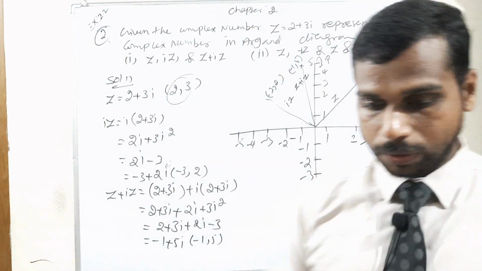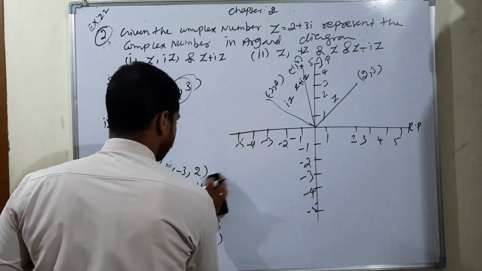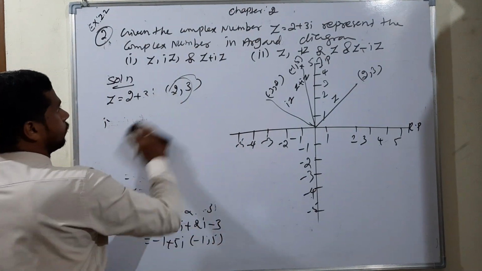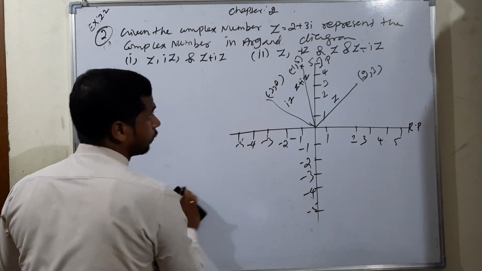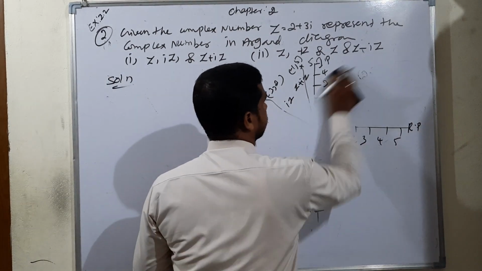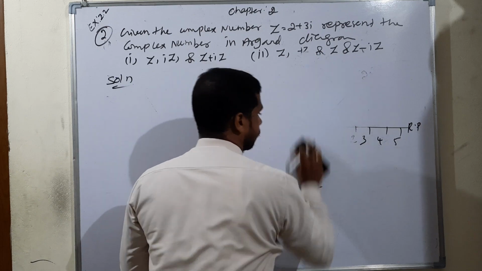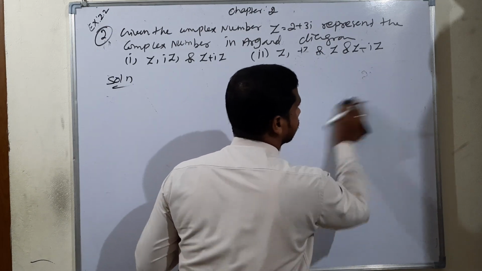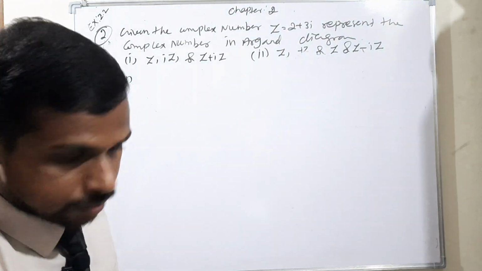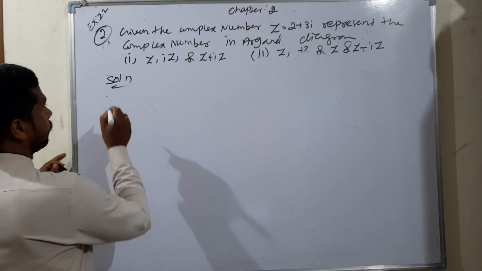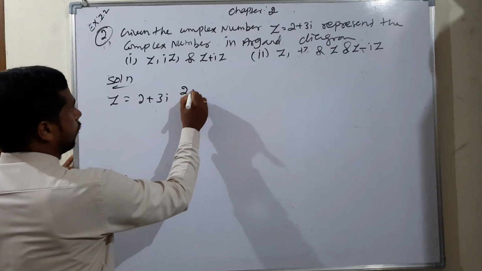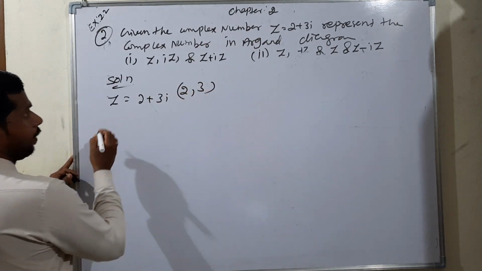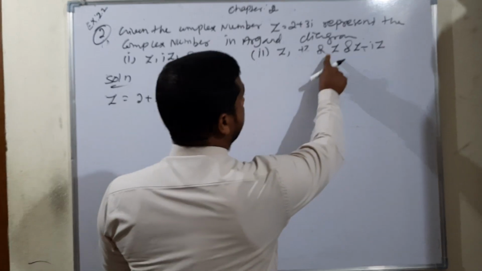I am moving to subdivision 2. In subdivision 2, the same condition applies: 2 plus 3i means the coordinate point 2, 3. But here there is a minus, isn't it?